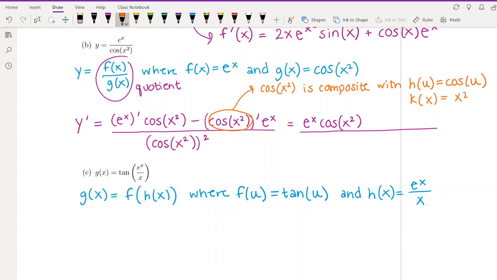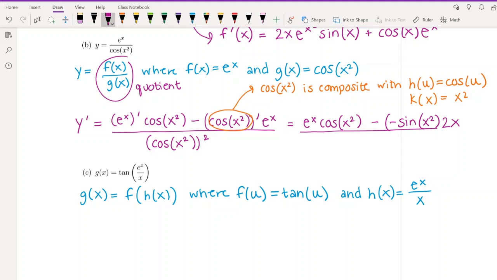And so what's the derivative of cosine of x squared? Well, the outside part, we take the derivative of cosine. The derivative of cosine is negative sine. So we're going to have minus negative sine of, and then we put our original input back in, so x squared. And then we multiply that with the derivative of x squared, which is 2x.